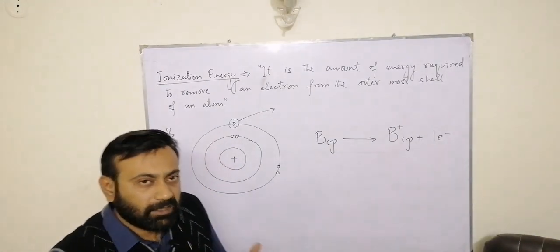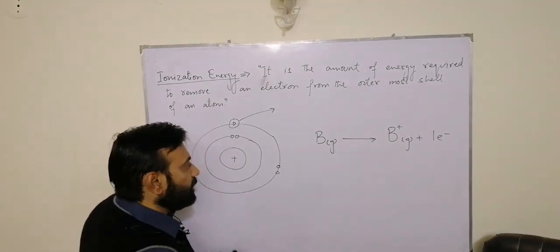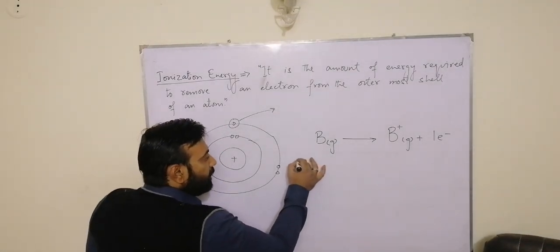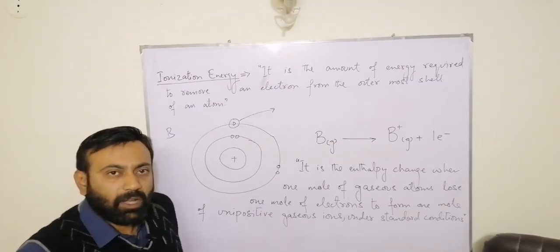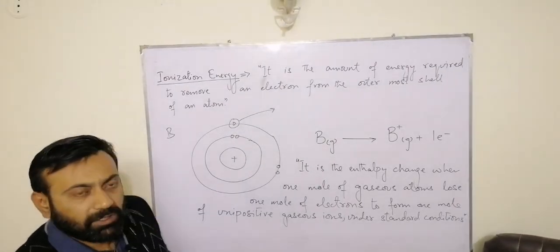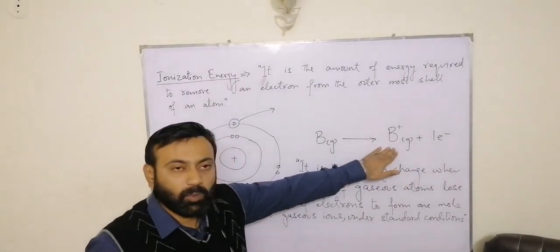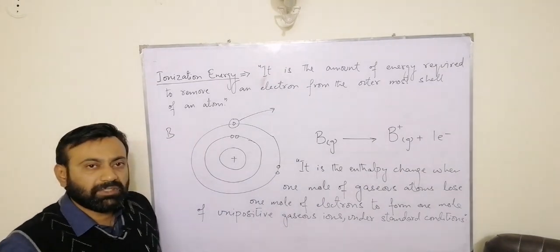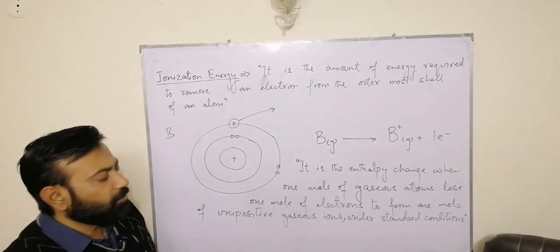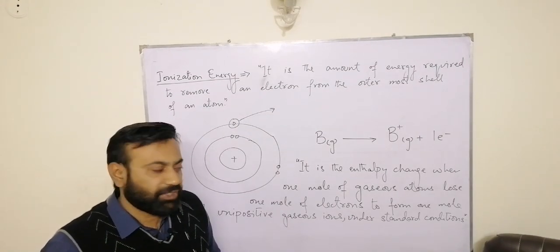So this takes us to the extended definition of ionization energy, which states that it is the enthalpy change when 1 mole of gaseous atoms loses 1 mole of electrons to form 1 mole of unipositive gaseous ions under standard conditions. Enthalpy change, as we all know, is the net gain or loss of energy during a reaction.